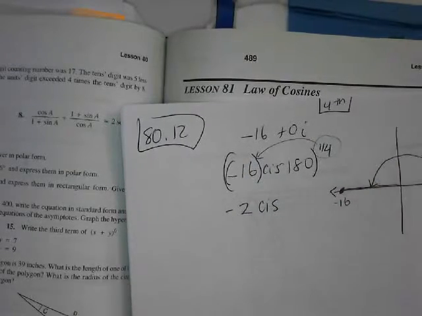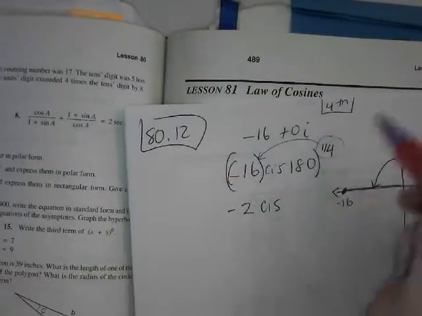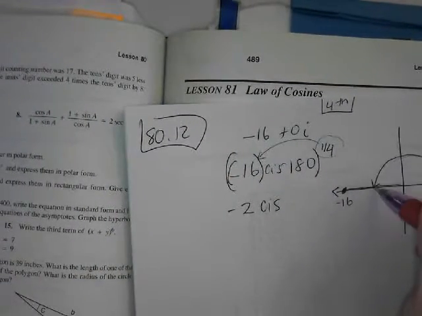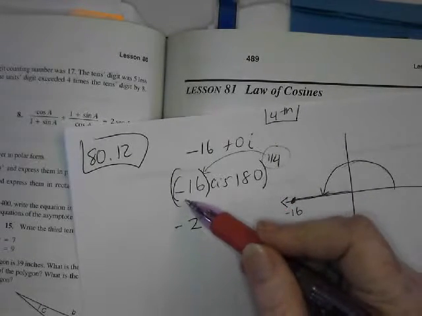Somehow the negative sign went bye-bye. Just poof. Maybe is it because, oh, I know why. Because we don't need it. Because okay, when I turned it into polar, I don't mean negative 16.